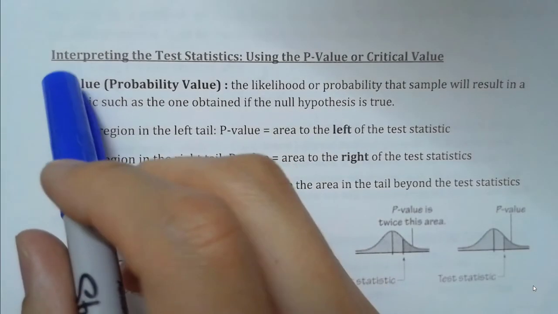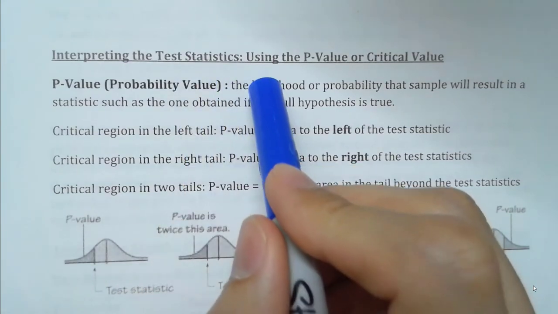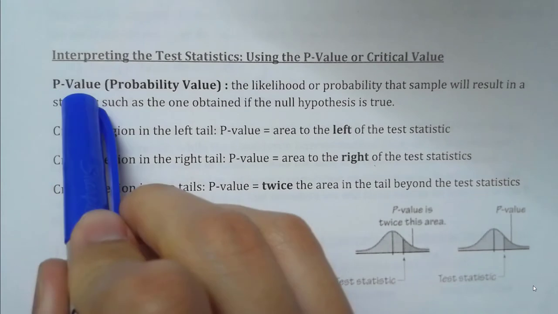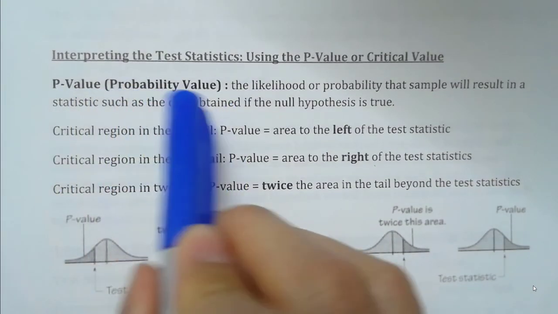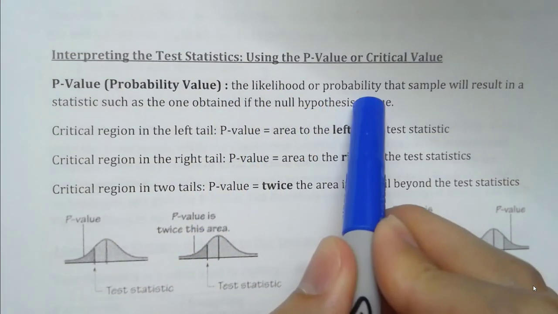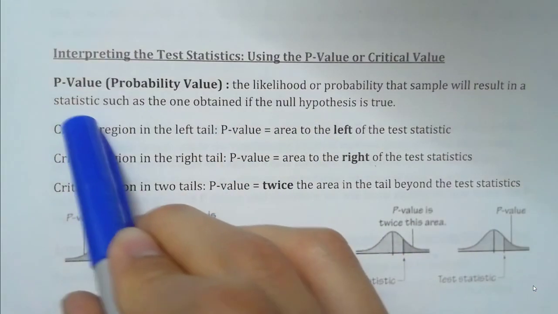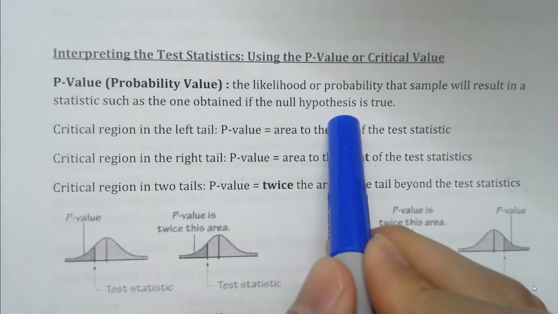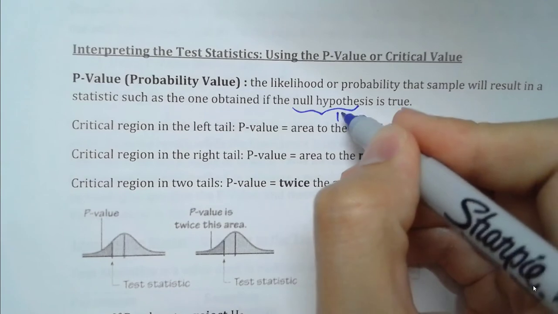All right, so let's talk about interpreting the test statistics using the p-value or the critical value. The p-value stands for the probability value. This is the likelihood or the probability that the sample will result in a statistic such as the one obtained if the null hypothesis is true, H naught.